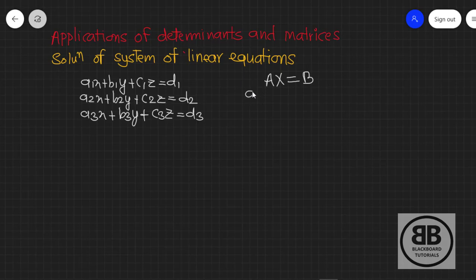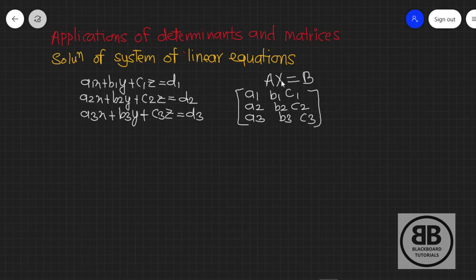They are A1, B1, C1; second equation A2, B2, C2; and in the third equation A3, B3 and C3. So this is your coefficient matrix. We will call this coefficient matrix the A matrix.